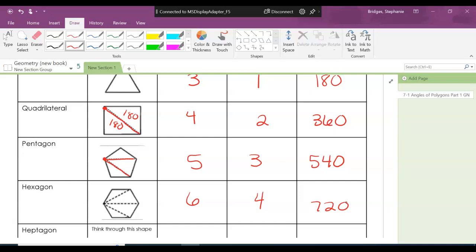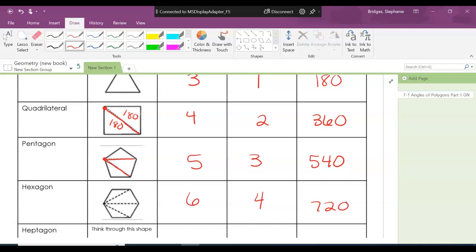Ronald, how'd you figure out the rest of it? What did you notice you were doing to the number of sides to get the number of triangles? Yeah. Oh, you just did it that way. All right. Yes, that works too, but nobody recognizes it. If I have 3 sides and 1 triangle, what's the difference in those? 2.